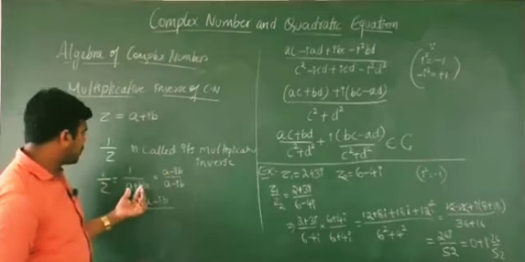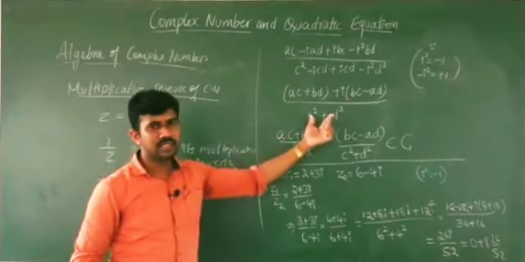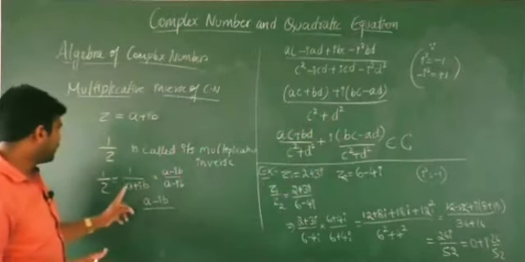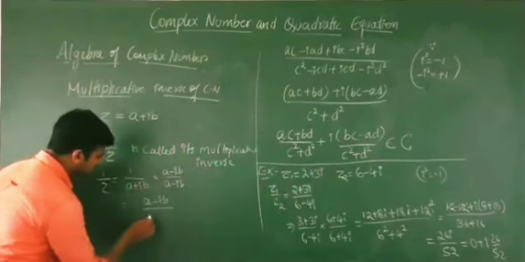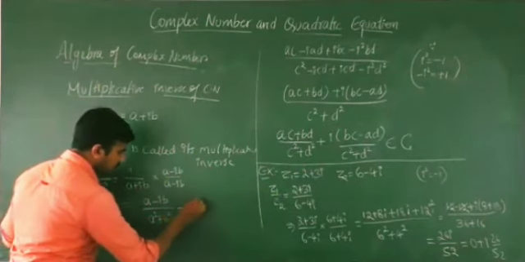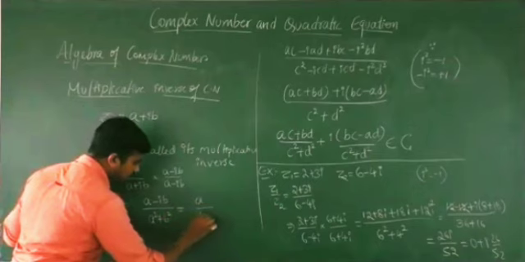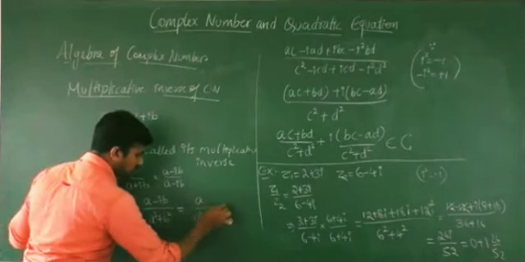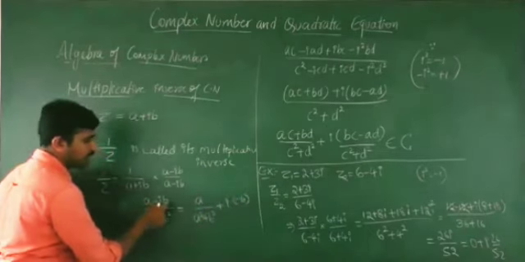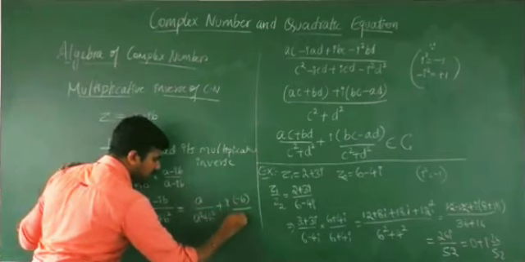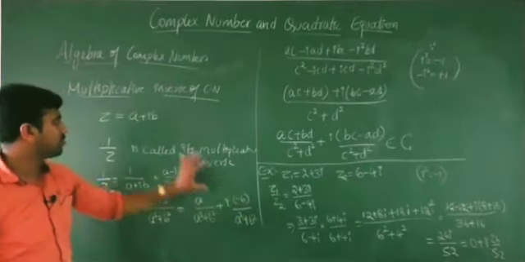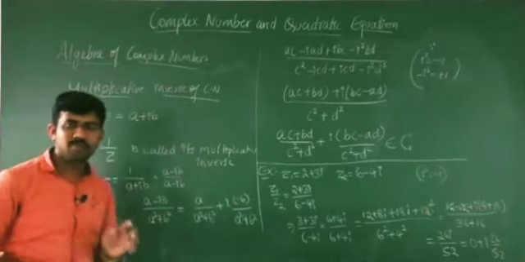Denominator again in the form a plus ib into a minus ib, same as we got with c minus id into c plus id, which gives a square plus b square. Again we can rewrite this as a divided by a square plus b square, plus i into minus b divided by a square plus b square. Okay, either you can use this formula or this formula to find the multiplicative inverse of a given complex number.